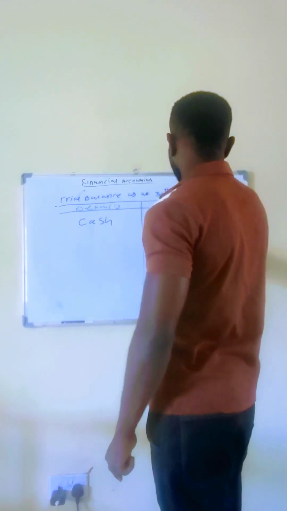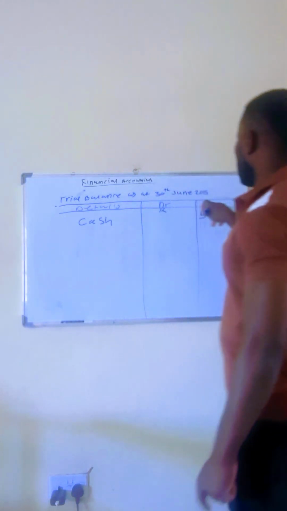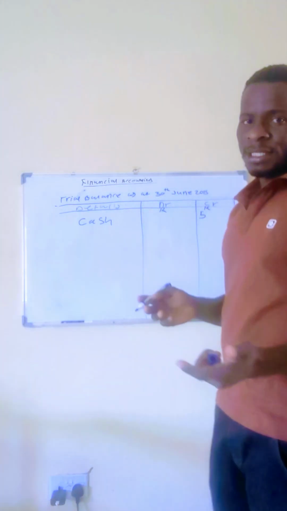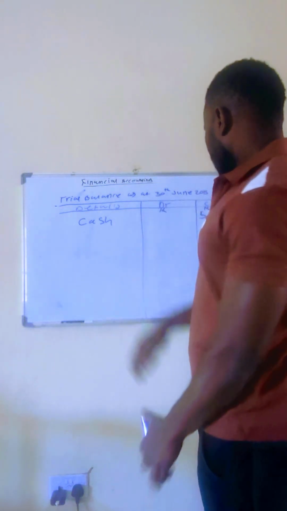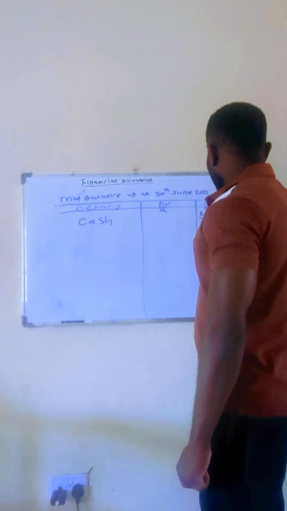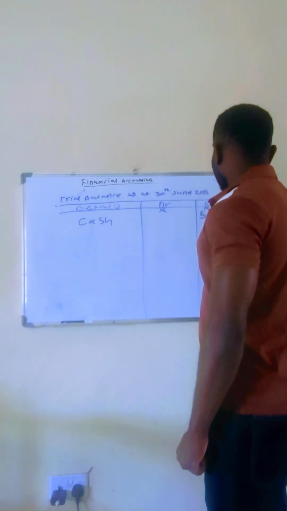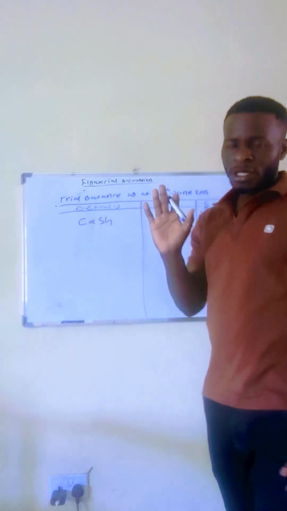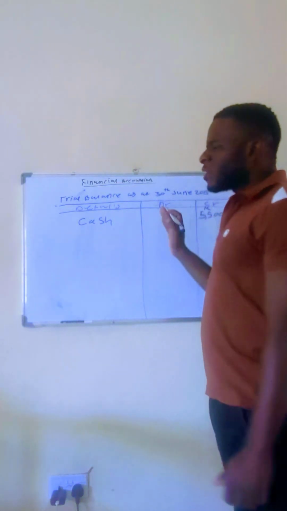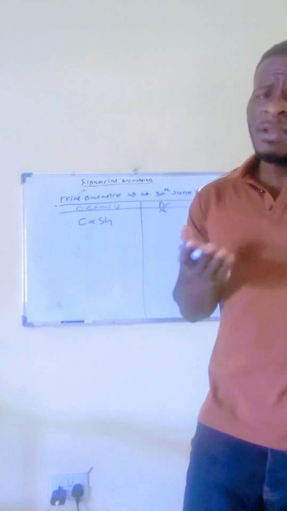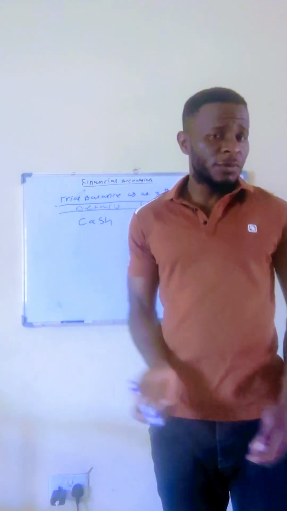You indicate the currency here, the symbols of your currency according to the country where you live. Ensure that you indicate them. Failure to do that, there will be deduction of marks.